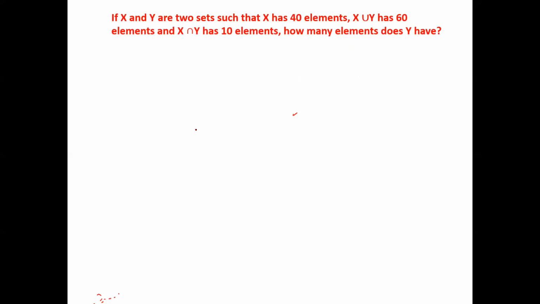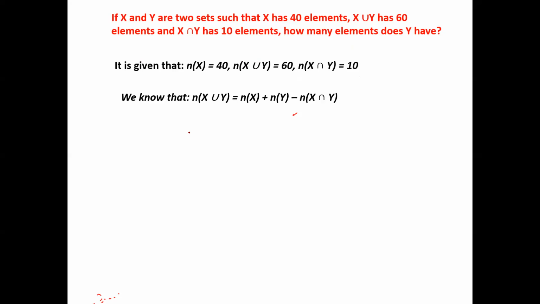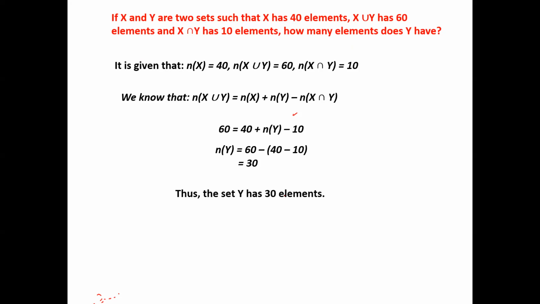If X and Y are two sets that X has 40 elements. So formula. Sometimes they will ask you a question, is this possible? Maybe they will get a negative answer here. So it is not possible.